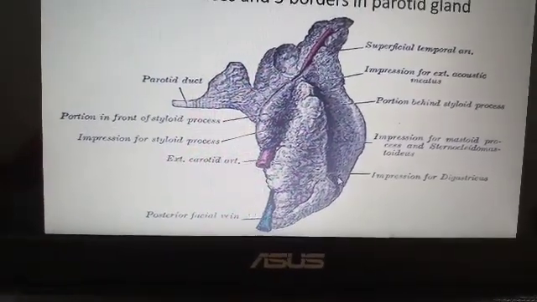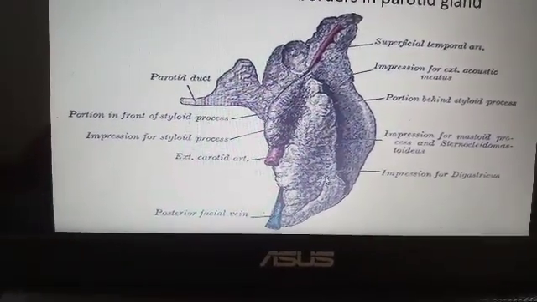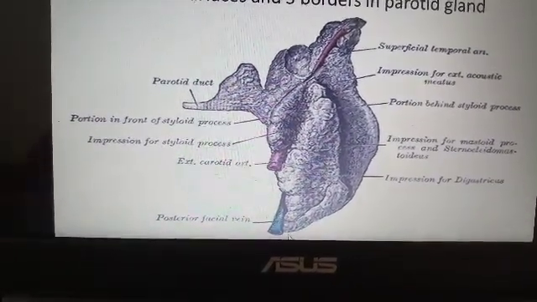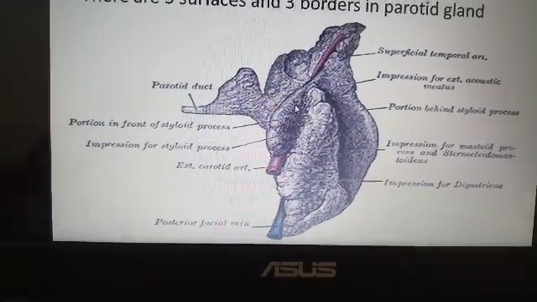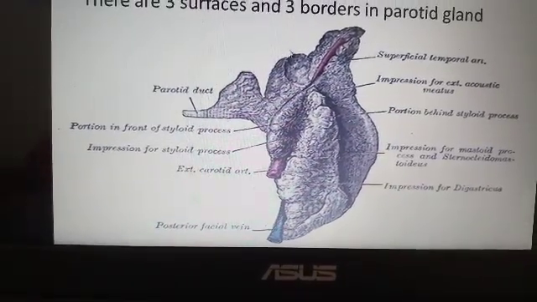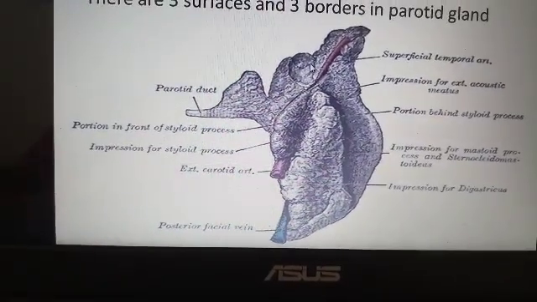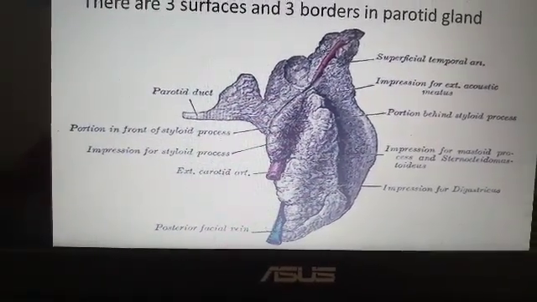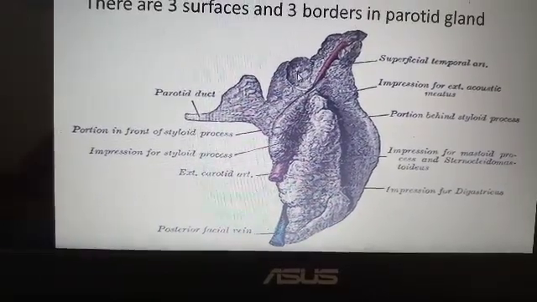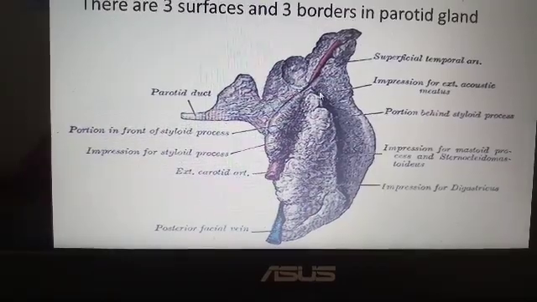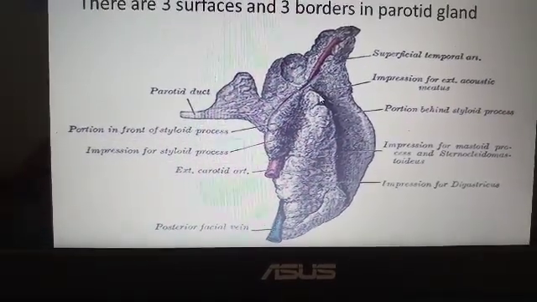In the lower part of the posteromedial surface there will be impression for lodging of the posterior belly of the digastric. So this is the apex of the gland. Here lies the convex base of the gland, which is actually related to the external acoustic meatus and the posterior part of the temporomandibular joint, and this one is the anterior border. Impression for the external acoustic meatus is present here.